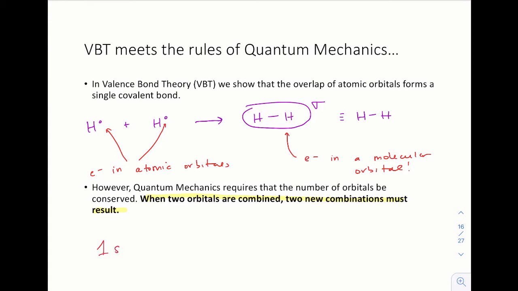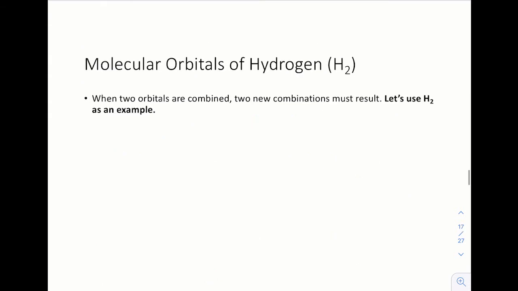So when a 1s orbital on one hydrogen is combined with a 1s orbital on another hydrogen, there is a sigma orbital formed. We already drew that, described that. But there is also another orbital formed. Two atomic orbitals, when they combine, must generate two molecular orbitals. Those are the rules.